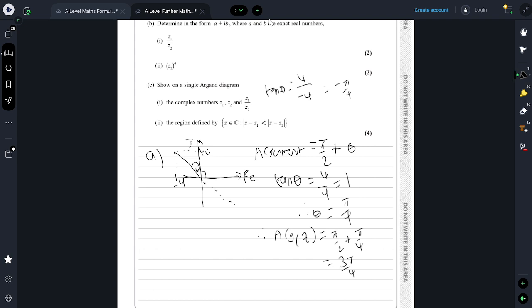The positive direction is anti-clockwise; if you go clockwise, you'll go negative. So negative pi over 4 will be this number here. You need to be careful of where you place your arguments. That's why you must sketch them, because the complex number -4 plus 4i is over here, not over here.